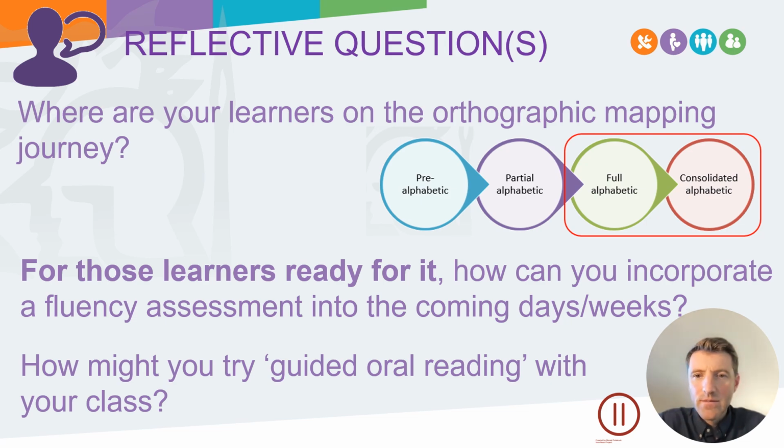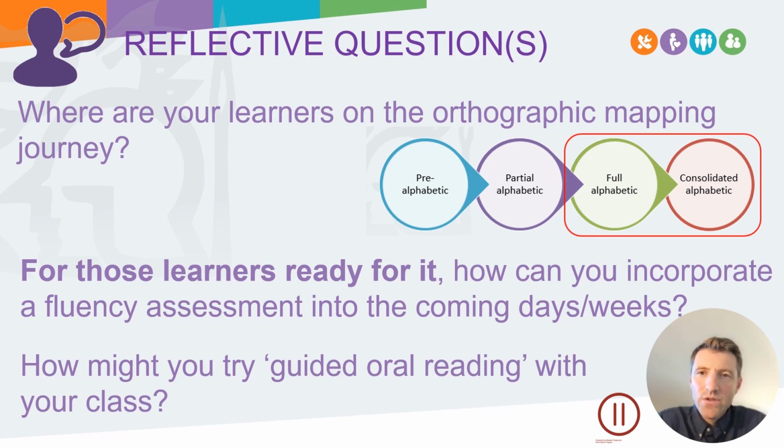So my second question then is, for those that are ready for it, sitting in those final two phases, how could you incorporate fluency assessment into the coming days and weeks so that you can be getting data and information for how fluent my readers are? The third question then is, how might you try guided oral reading with your class?